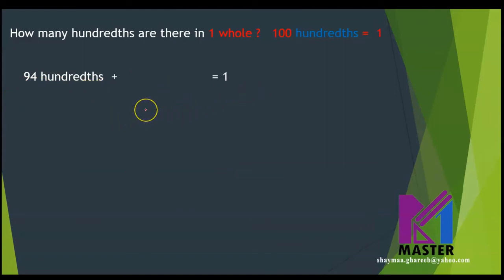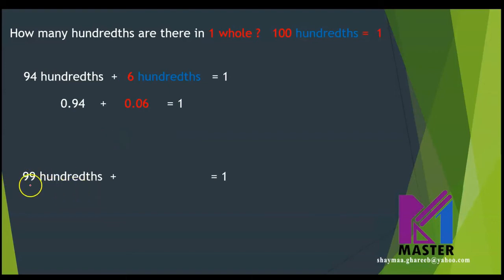So I need only 6 hundredths because 94 plus 6 equals 100. So I need 6 hundredths more. 0.94 plus 6 hundredths, 0.06.